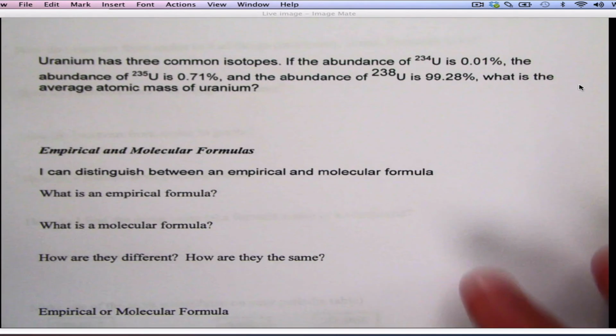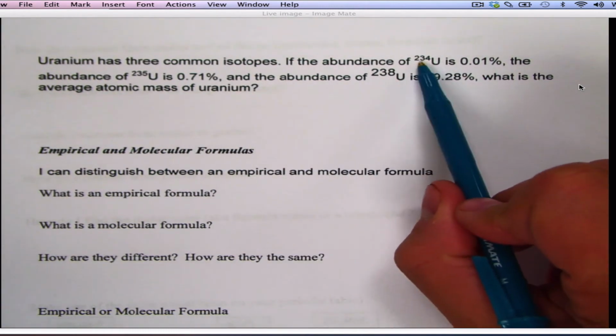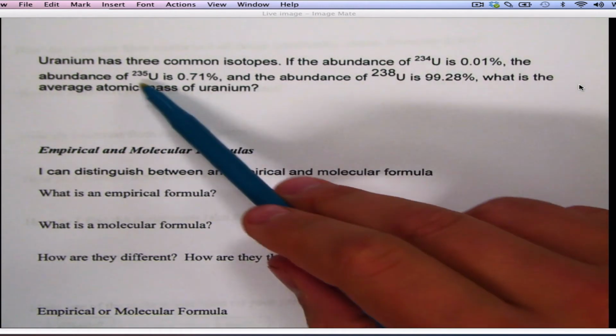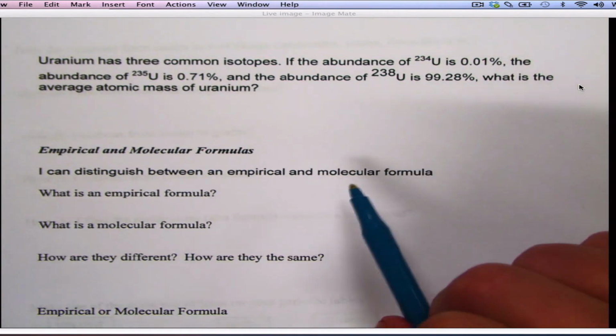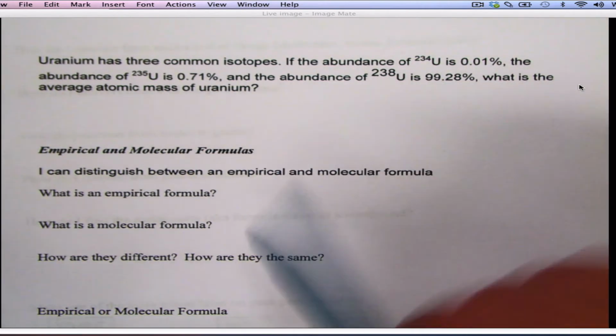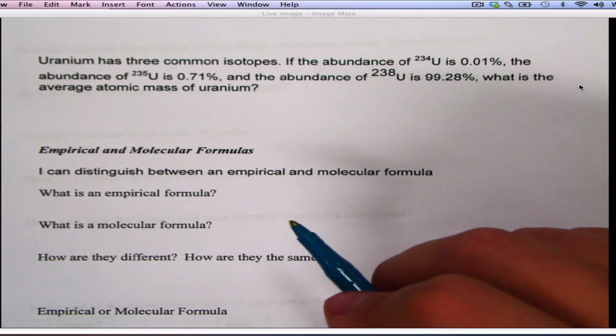This uranium has 3 common isotopes. It has U-234, it has U-235, and it has U-238. All right, and here's the percentage for each one. So what's the average atomic mass? We'll set it up just like we did.